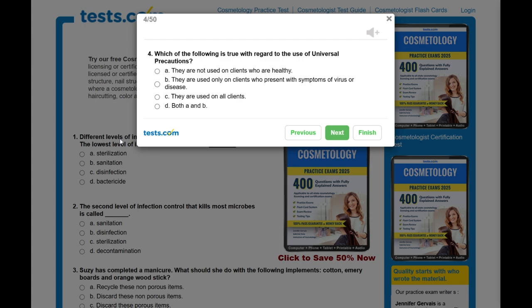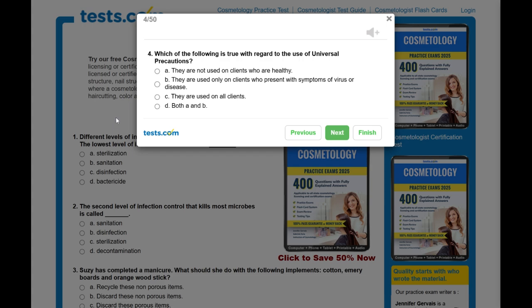Question 4. Which of the following is true with regard to the use of universal precautions? A. They are not used on clients who are healthy. B. They are used only on clients who present with symptoms of virus or disease. C. They are used on all clients.